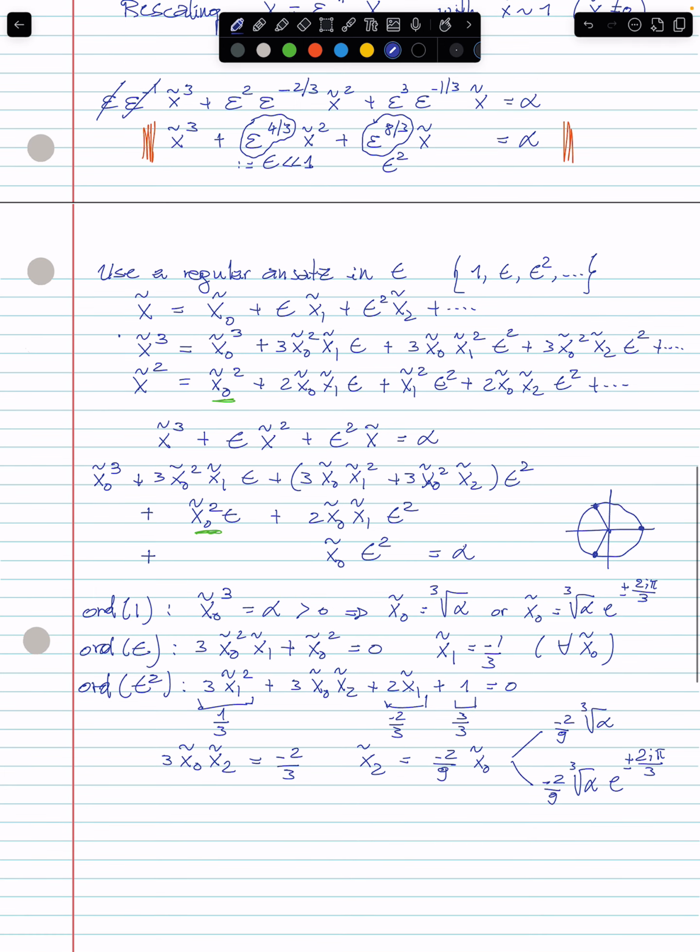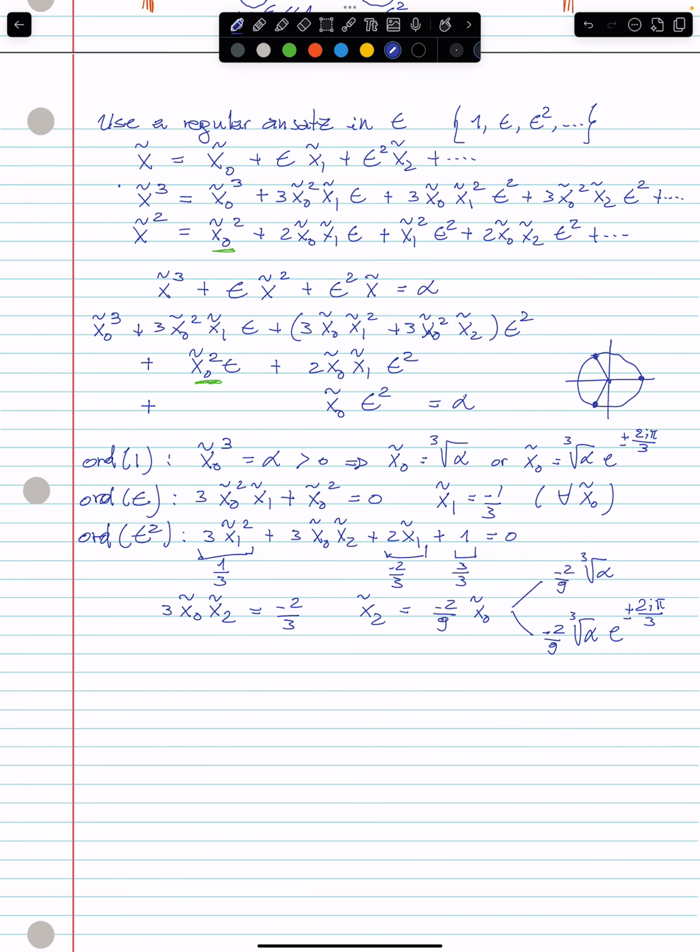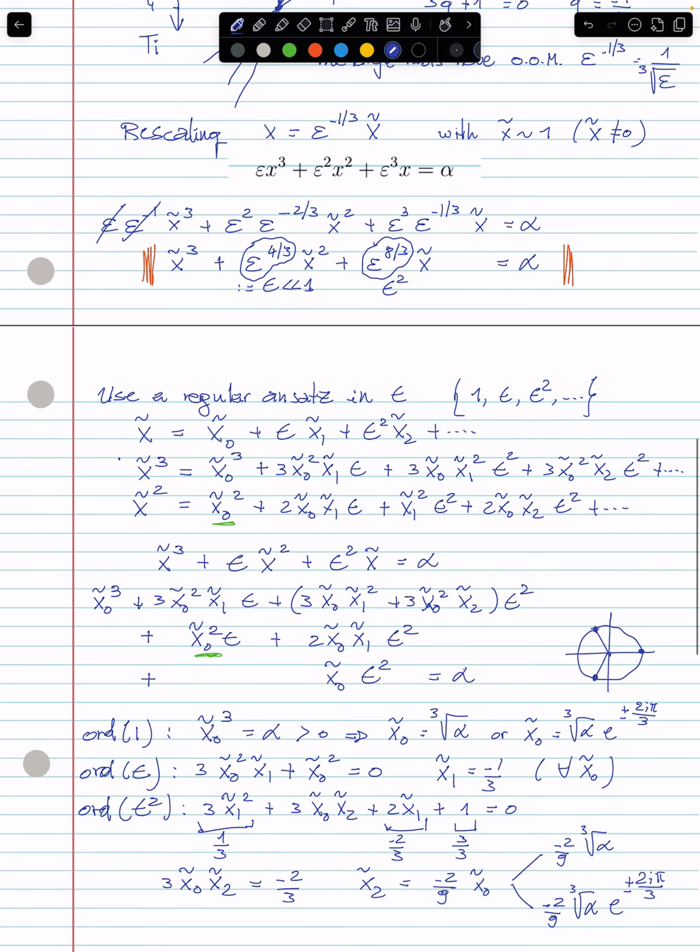Done. And so once this is written this way, we can just reformulate the problem with the original quantities. In particular, just remember that we had introduced this rescaling. So x tilde is just a quantity of our choice.